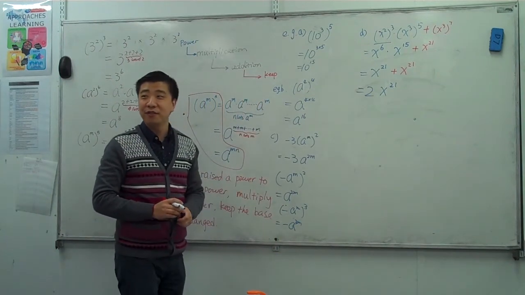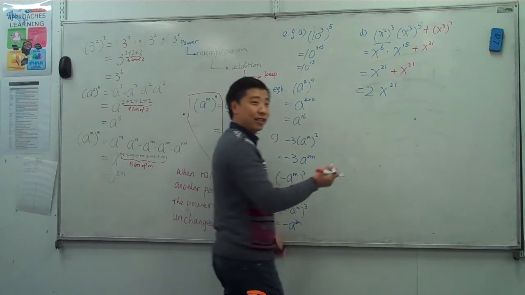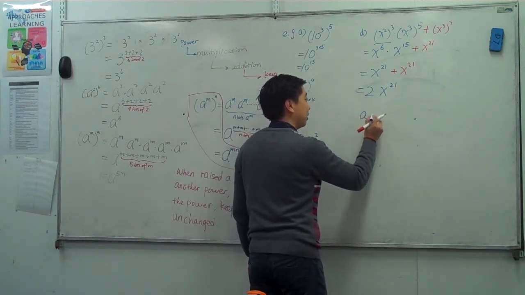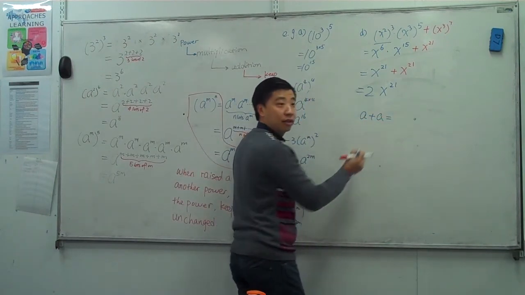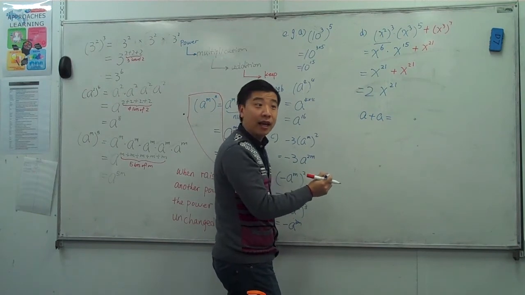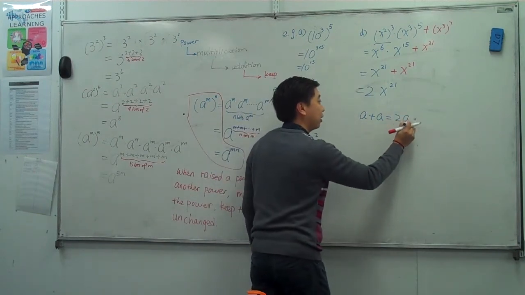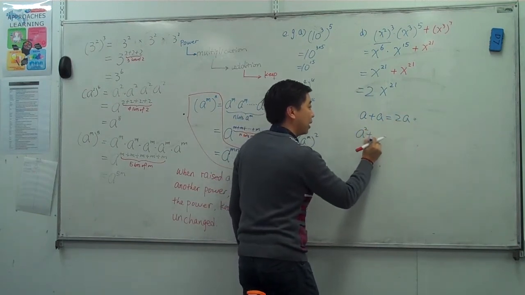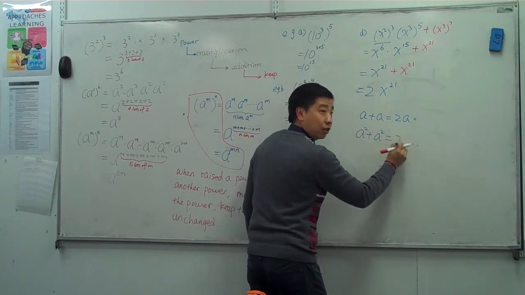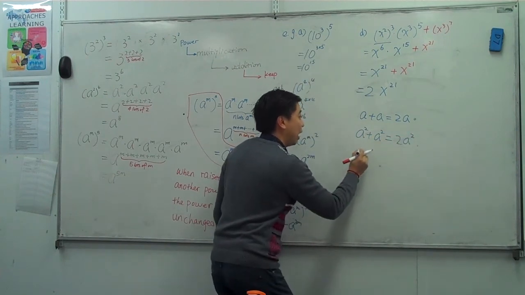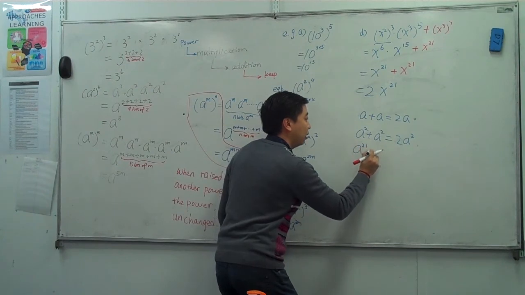Some people got confused. Alright? Doesn't matter. Tell me. So if you equal the same thing, you don't add it. A plus A is 2A. A squared plus A squared is 2A squared. A to the power of 21.